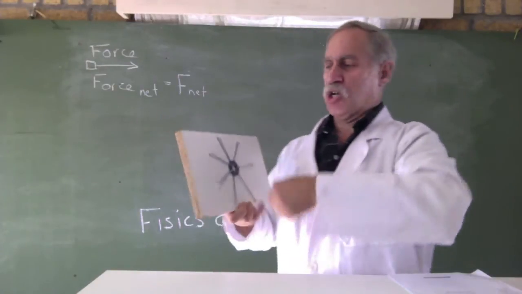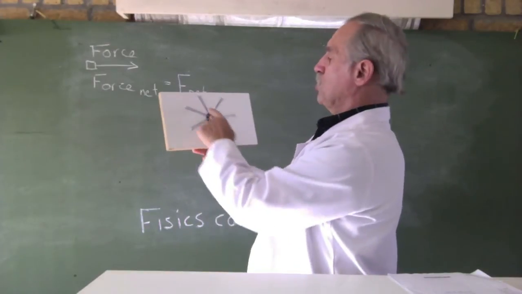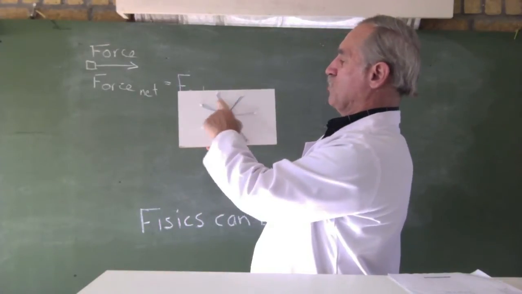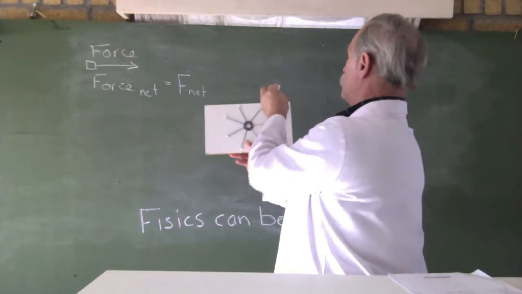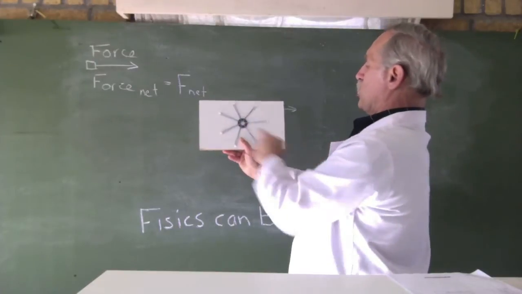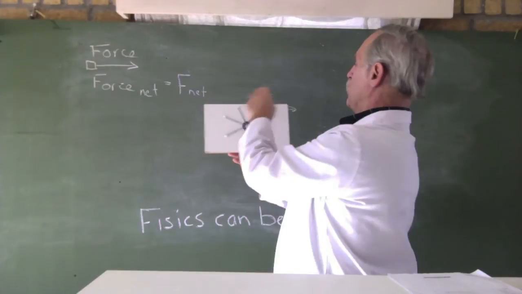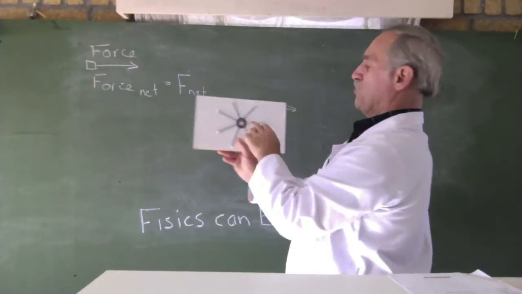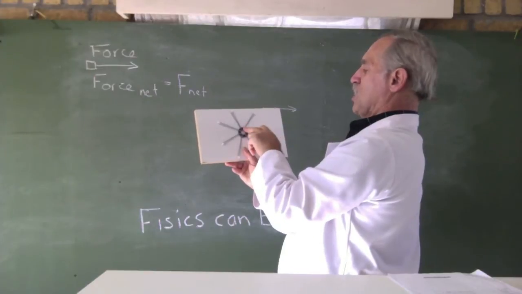We could actually, if we wanted to prove this, use vector addition of all these various forces. For example, let's start with this force. It's in that direction, pulling on the washer. That one is pulling in that direction, and when we vector add, we add the head to the tail.